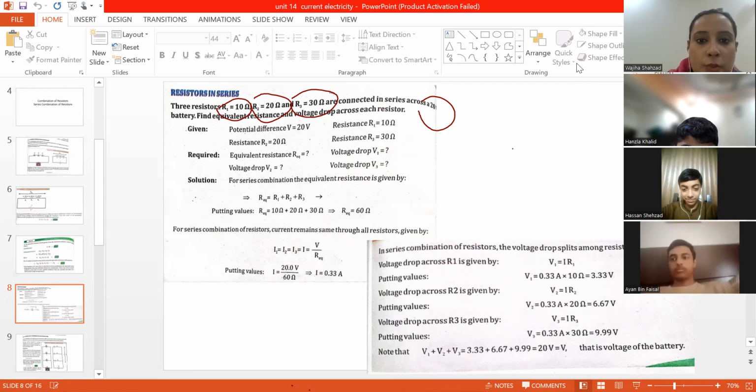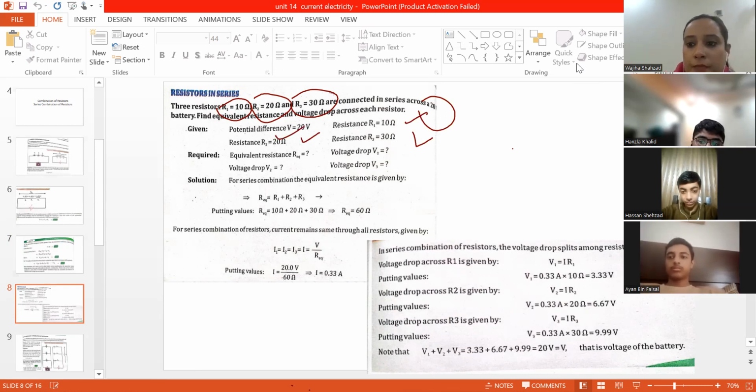Okay, so first of all, we have to write the data. That is R1 is 10 ohm, R2 is 20 ohm, R3 is 30 ohm, and the potential difference is 20 volt. Okay, Hansla, can you tell me which quantities we have to find out in this example?